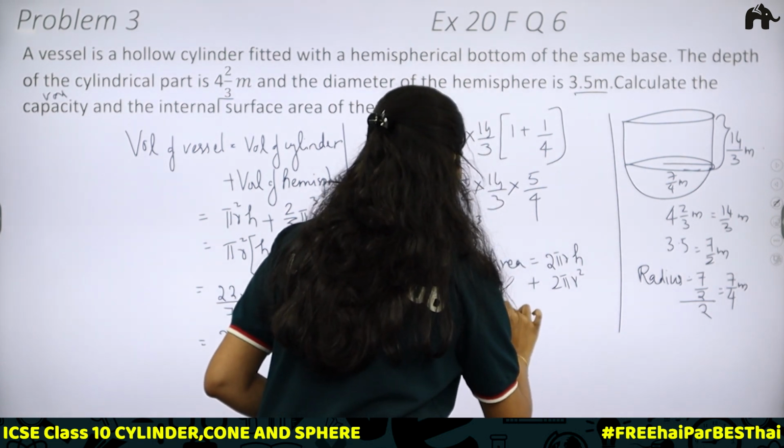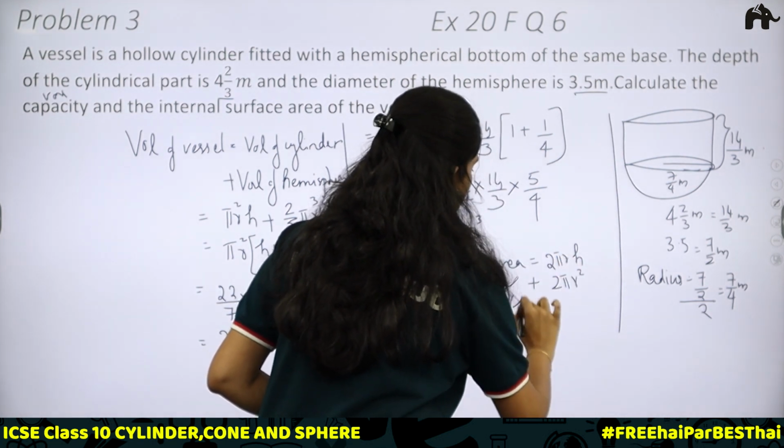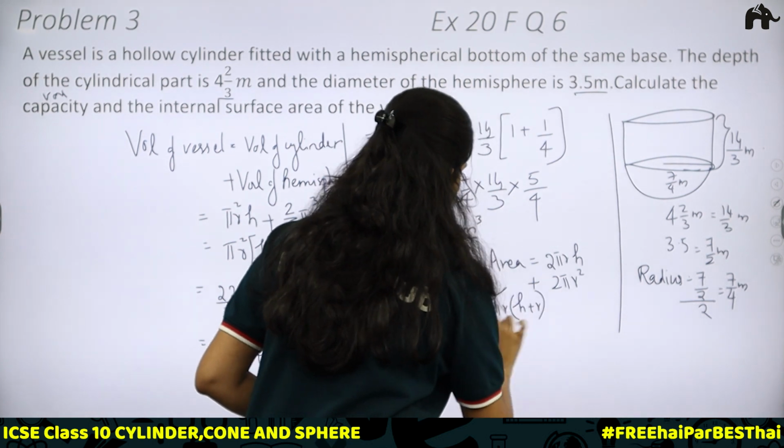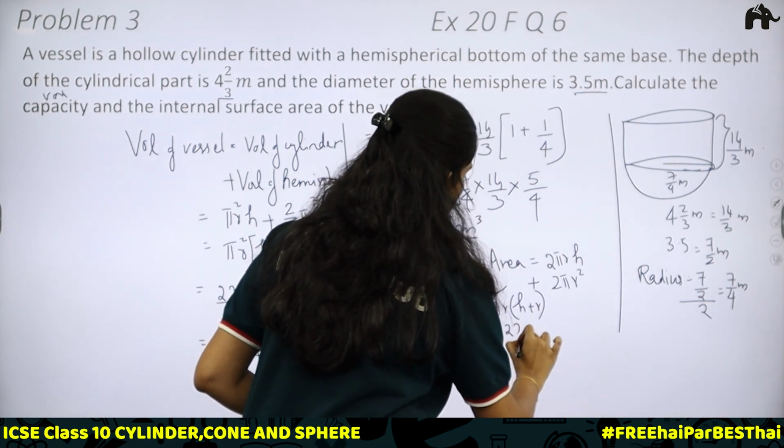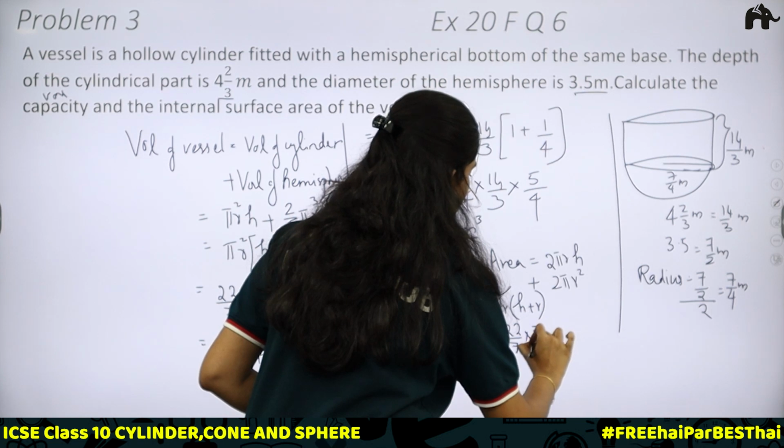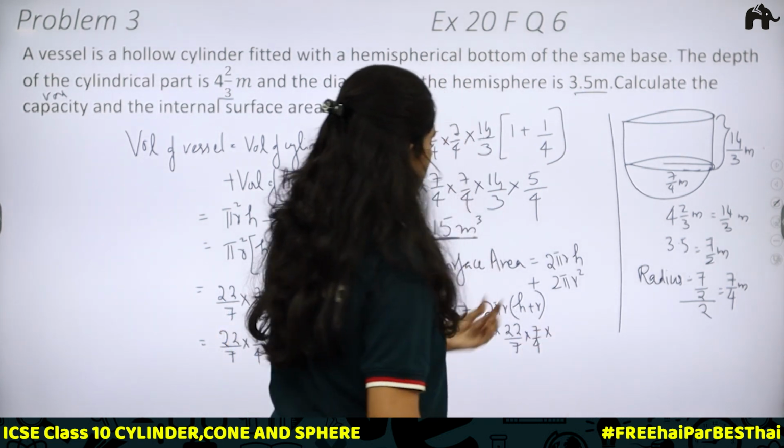We can take 2 pi r outside, remaining h plus r. That is equal to 2 into 22 by 7 into 7 divided by 4 into h plus r.